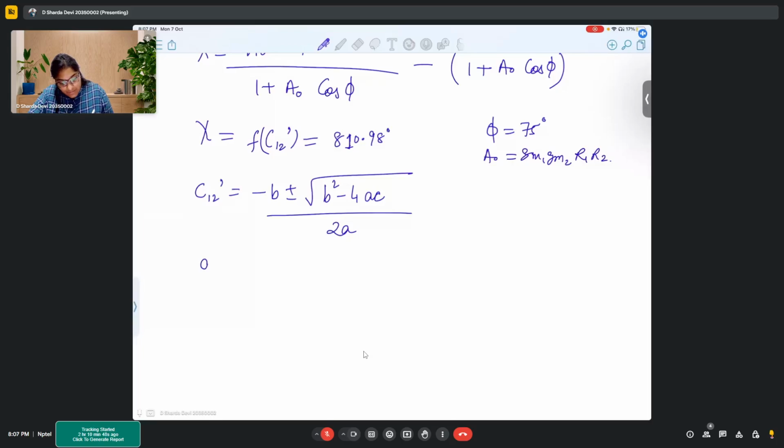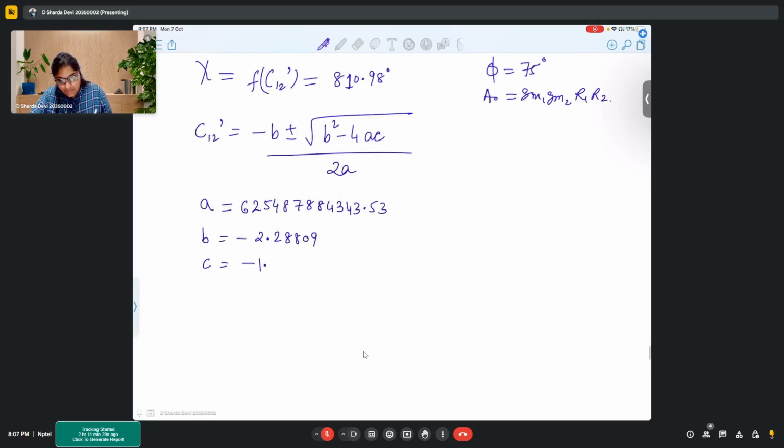And by solving these values, what we find out is a is 6, 2, 5, 4, 8, 7, 8, 8, 4, 3, 4, 3, 5, 5, 3. B is minus 2.28809, and the value of C is minus 1.3834 into 10 to the power minus 12.